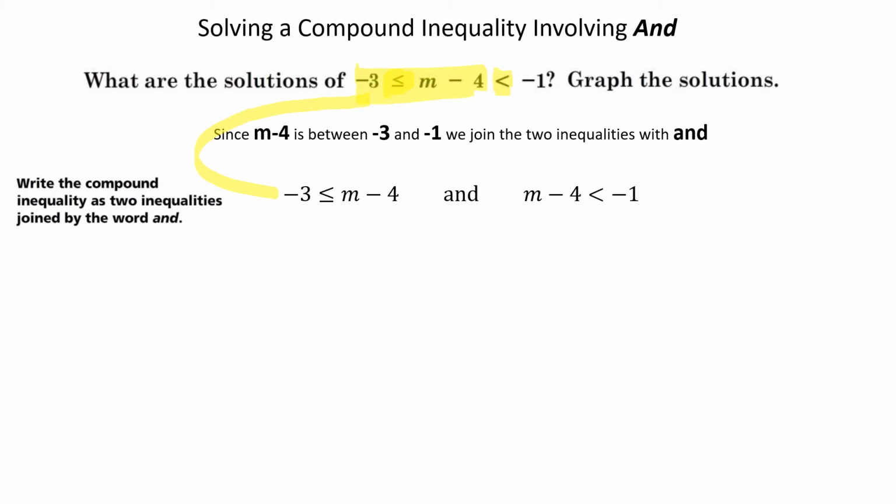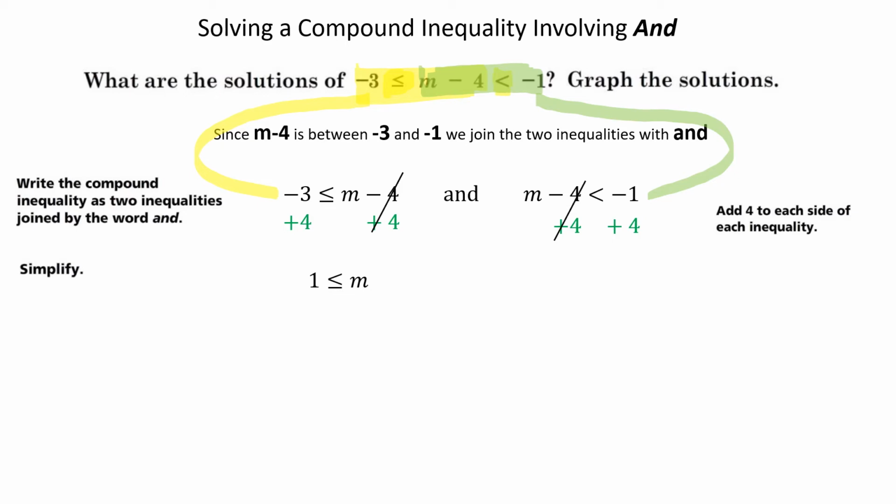All we did is take this down and make that an inequality of its own, and the other one matches right here. The next thing you'd want to do is solve for m by adding 4 to each side.